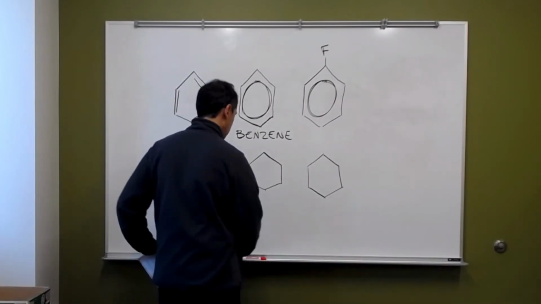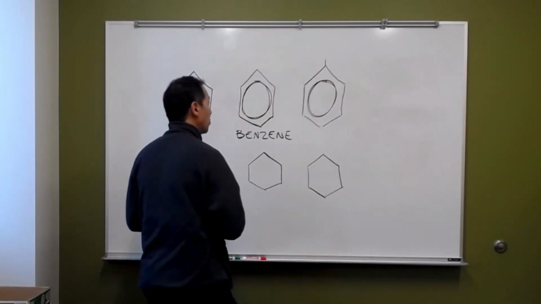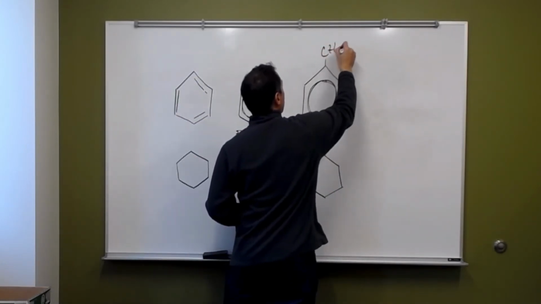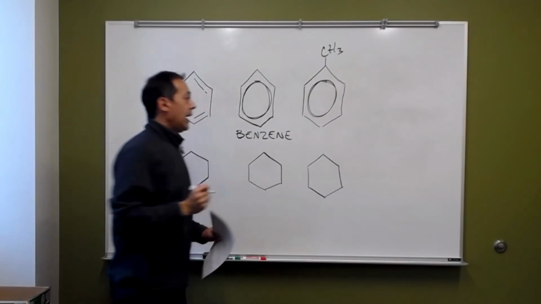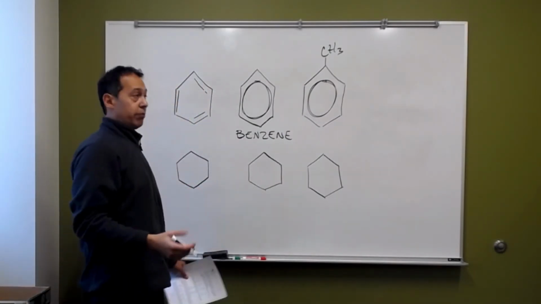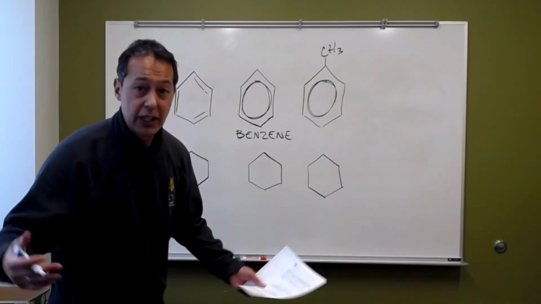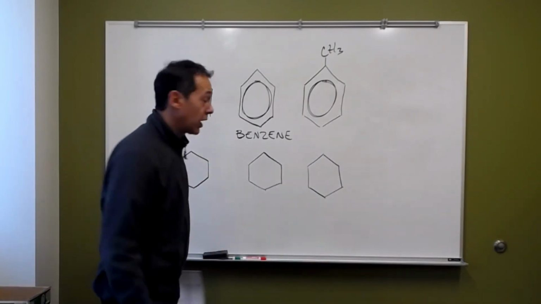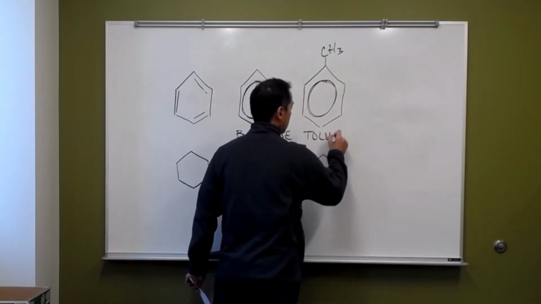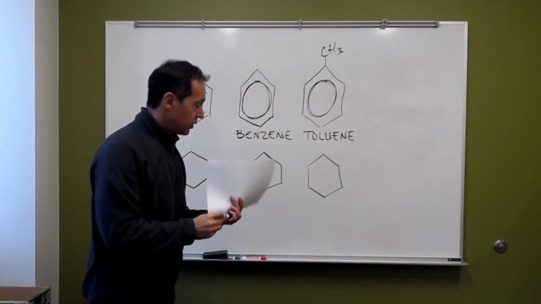There's another one here, and that would have a CH3 on it, like this, CH3. And this has a fancy name here. We don't call it methylbenzene, because why? I don't know. This is just people a long time ago just decided to come up with these things and the name stuck. So this one's called toluene. Toluene. And you might recognize toluene.